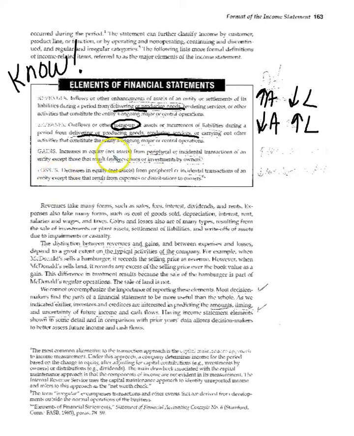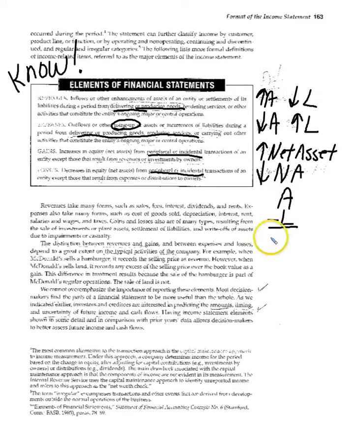And then gains and losses. Gains and losses are peripheral. They're not core activity. They're peripheral type of activity. And those are going to cause our net assets to go up, if it's a gain. Or it'll cause our net assets, I'll just put an A here, net assets to go down. Remember, net assets are our assets minus liabilities.